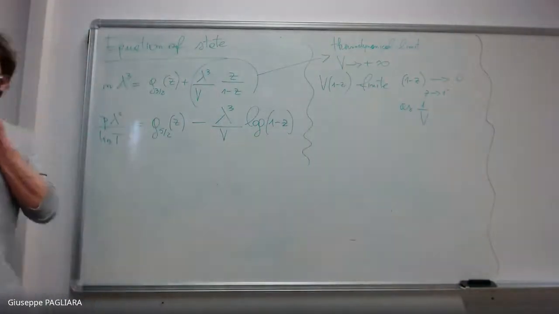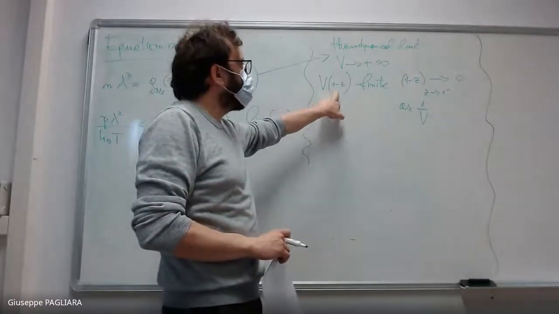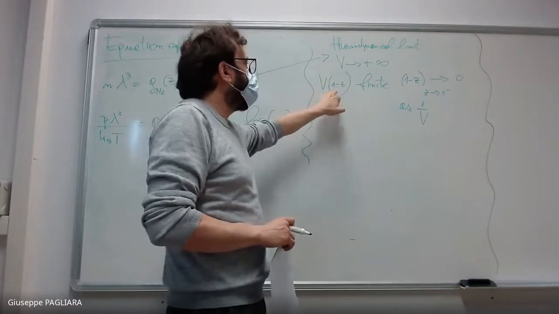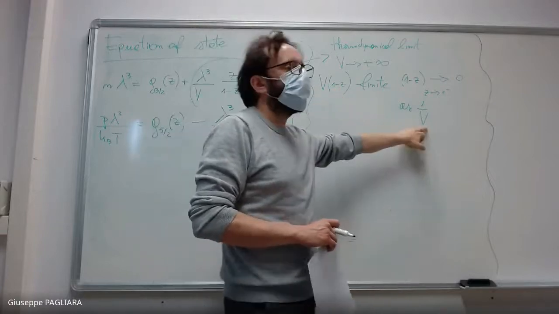Okay, in order for this quantity to be finite, because this is going to infinity, this is going to 0, and in the BEC, if I want a finite quantity, this 1 minus Z must go as 1 over the volume.